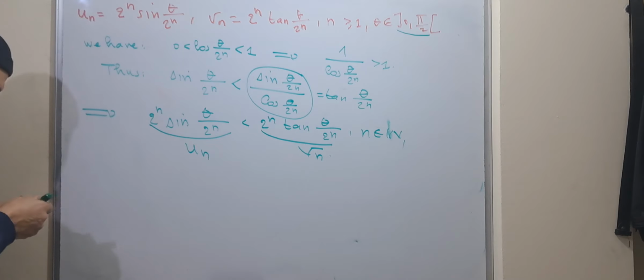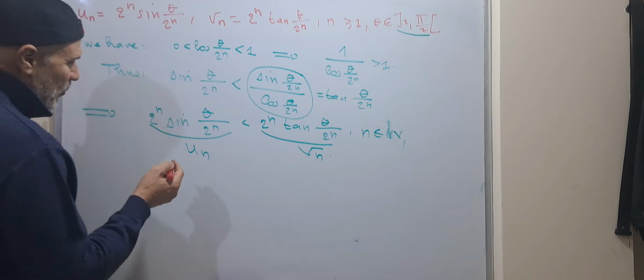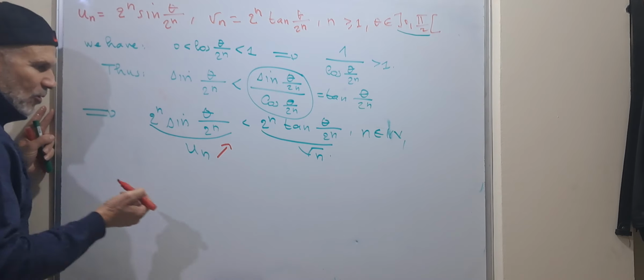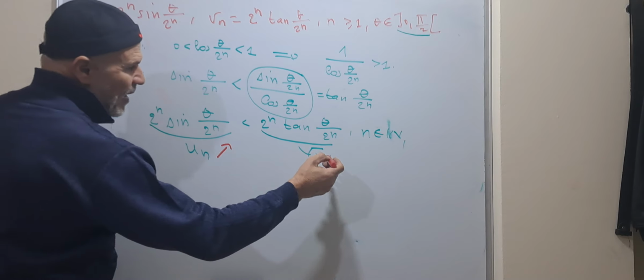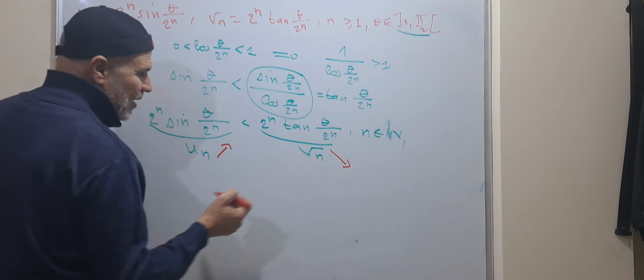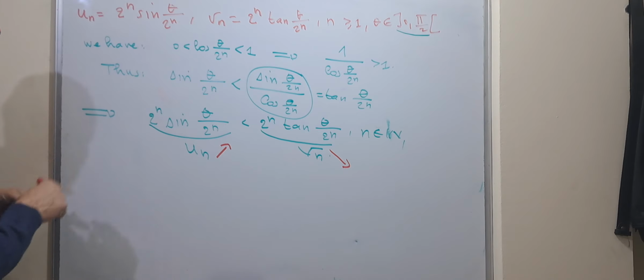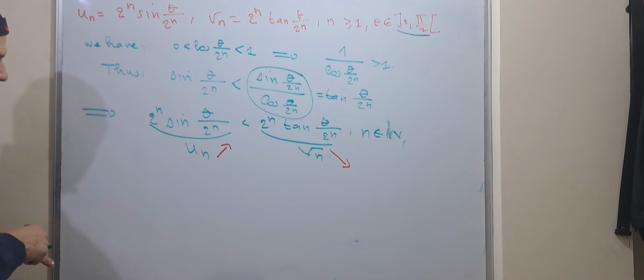The second remark: we will prove that u_n is an increasing or non-decreasing sequence, and v_n is a decreasing or non-increasing sequence, to get adjacent sequences.